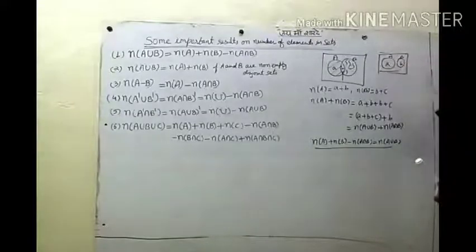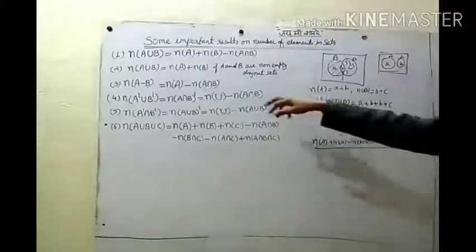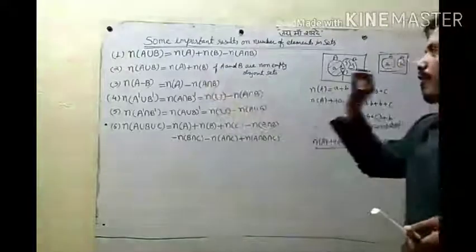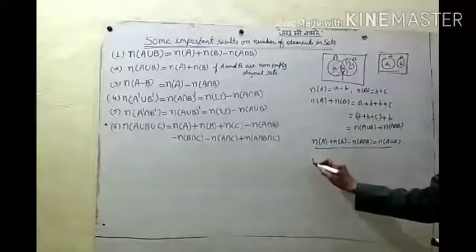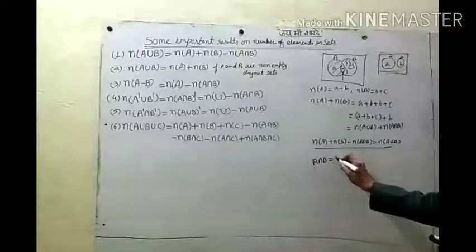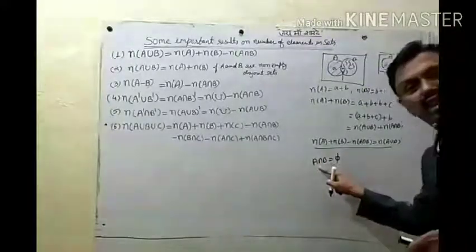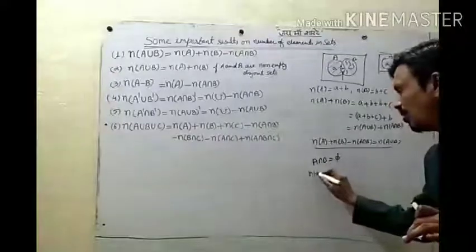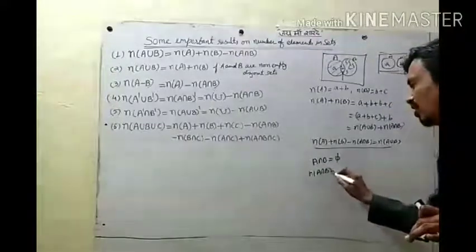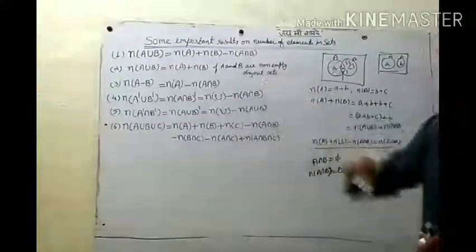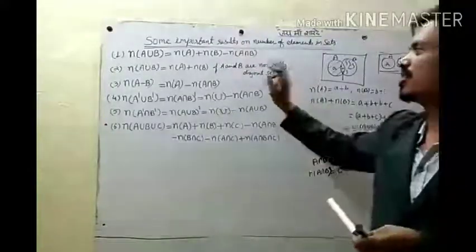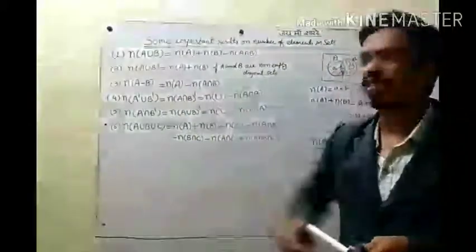So a plus b, that is equal to n of A plus n of B. If two sets are disjoint, the intersection will be empty. And if the intersection is the empty set, then how many elements are there? Nothing. 0. So this part will be 0. So if two sets are non-empty disjoint sets, then we get this result.